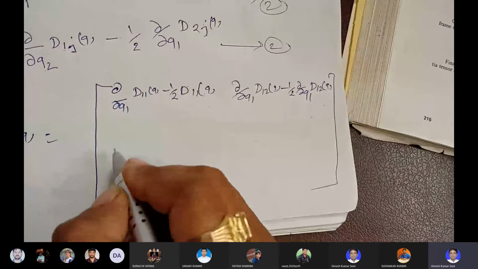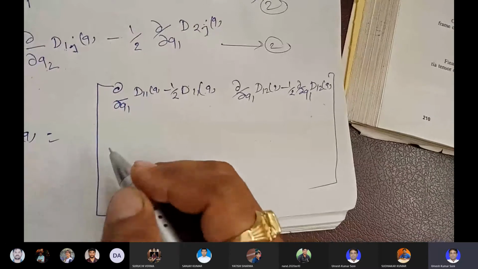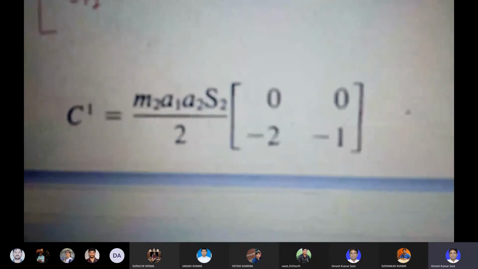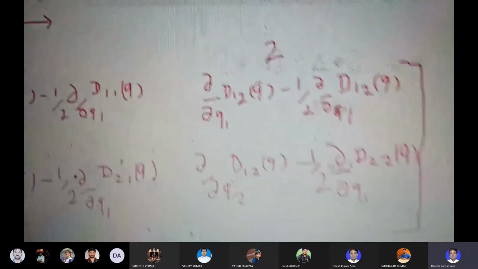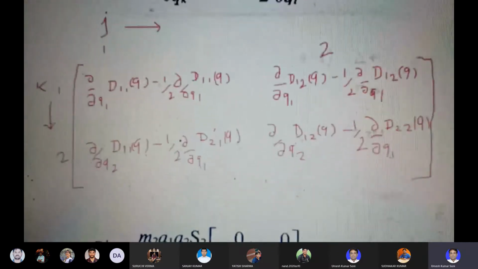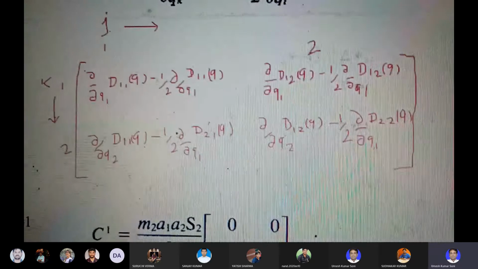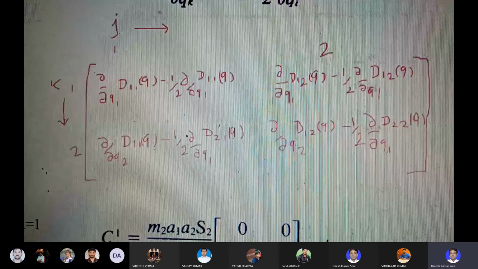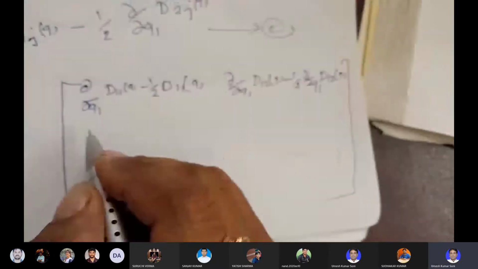Now you have to check whether the equation given in the book is correct or not. Calculate using this equation, using d11 and all the variables from the d cube, and verify whether it is correct or not. So start.